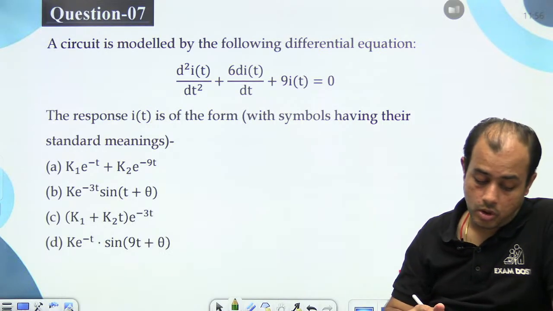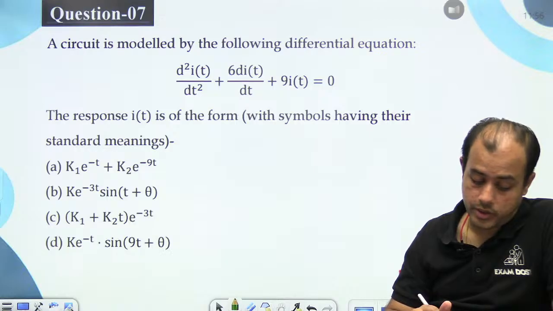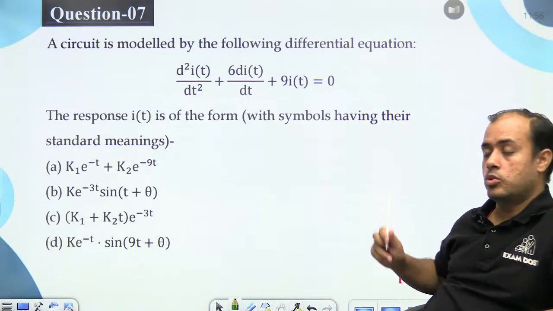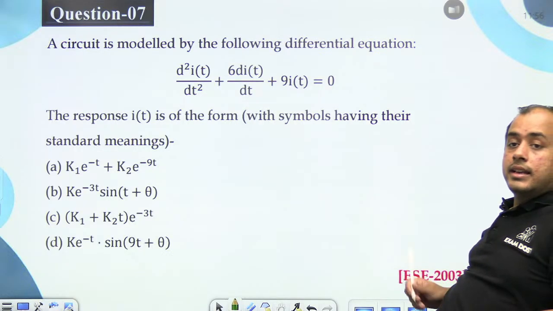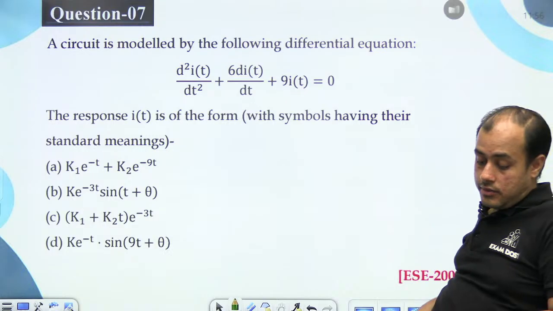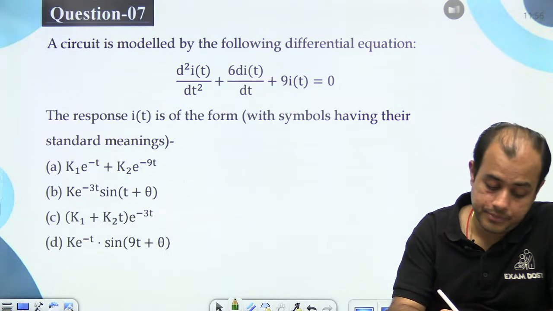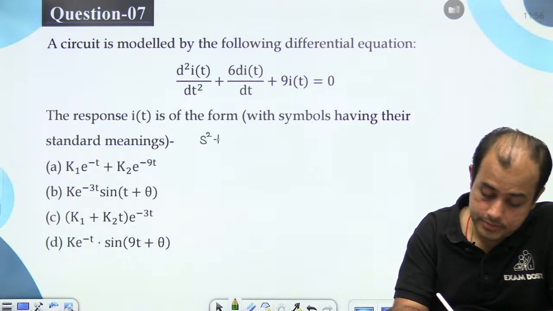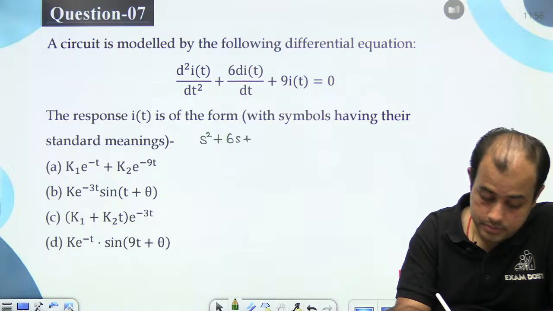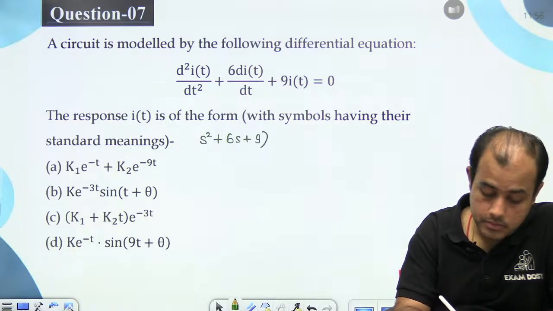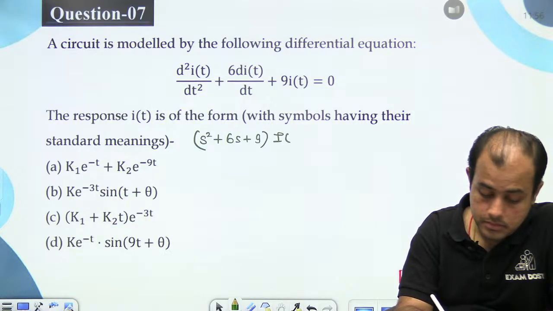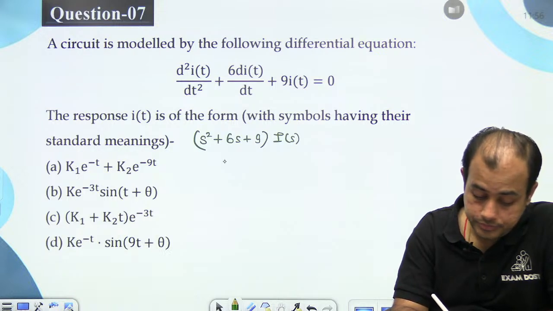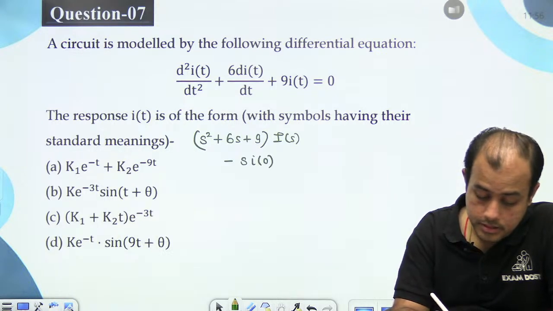A circuit is modeled by the following differential equation. The response I(t). ESE 2003, this is ESE 2003. What is the response I? So take the Laplace transform.